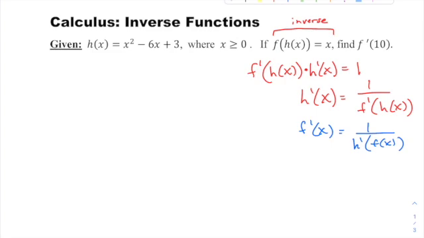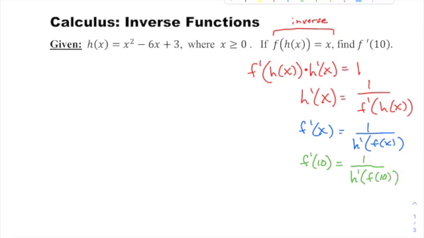So now that we got some of that stuff out of the way, let's really get down to business for this particular problem. I like to think about it this way. If I'm looking for f prime of 10, now you might be comfortable enough with your function notation to say, okay, then I'm looking for 1 over h prime of f of 10.